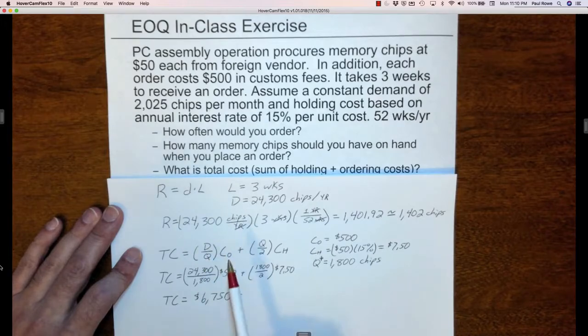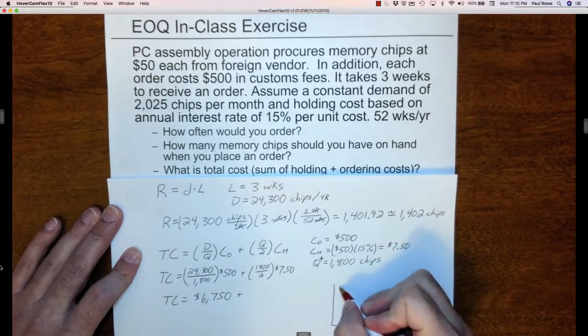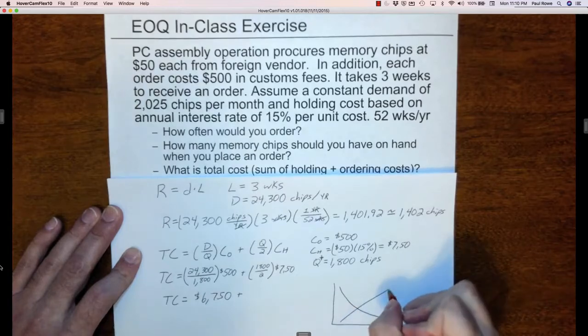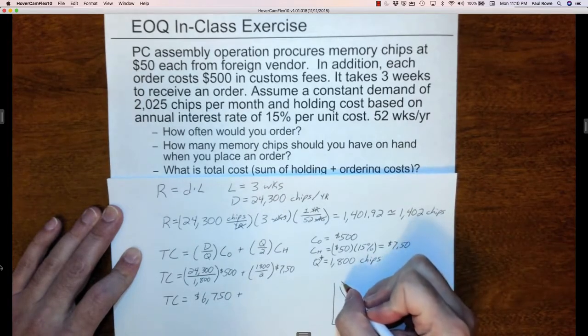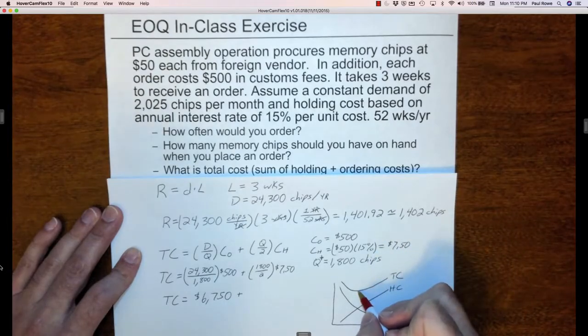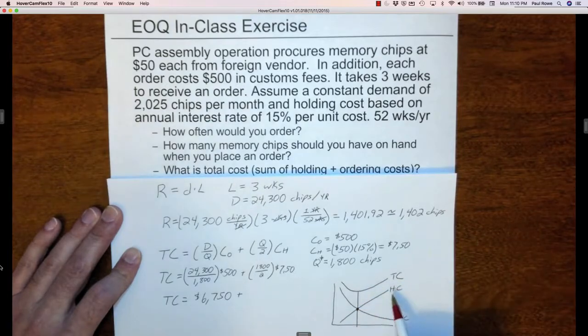If we think back to our curves, we had our ordering costs, we had our holding costs, and we have our total cost curve. Where was the EOQ? The EOQ was at the intersection where the holding cost and ordering cost curves meet. So we know that these should be equal.